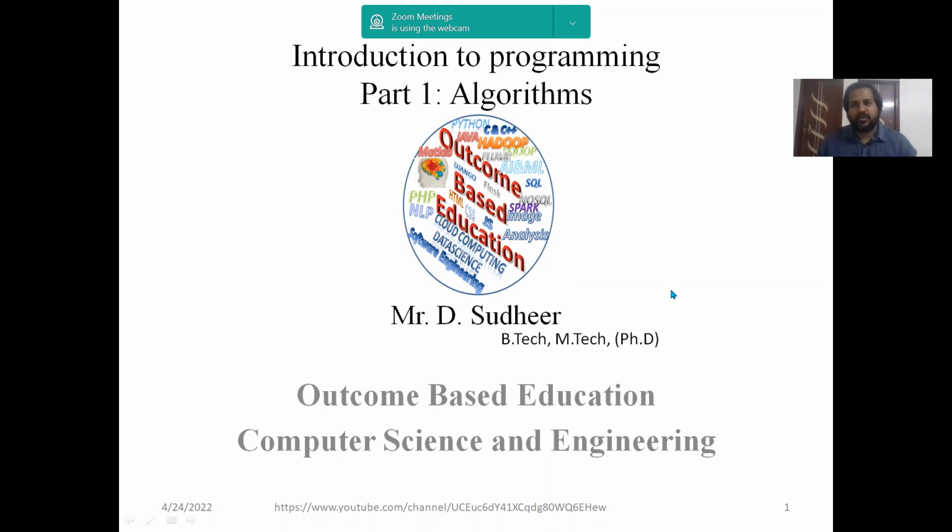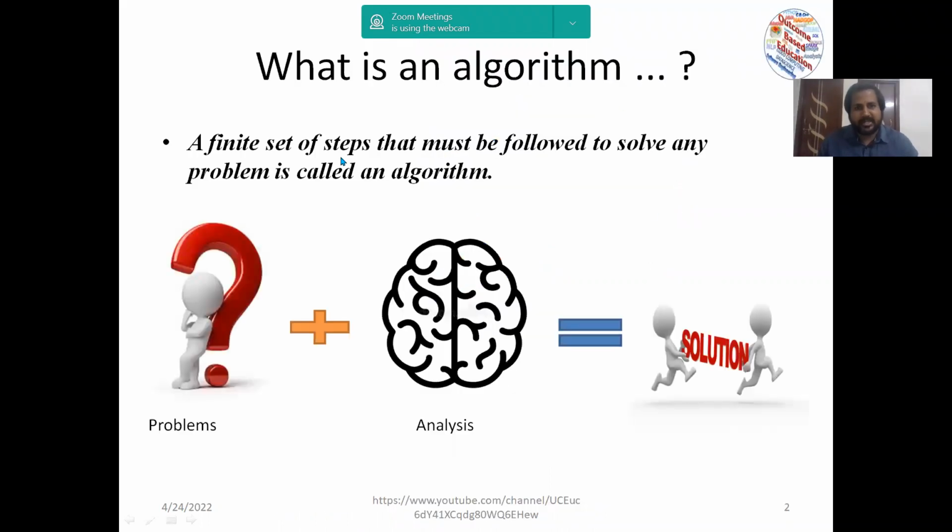Whenever you want to solve a problem by any program, you should use the concept of algorithms. So we will see what this algorithm is. An algorithm is a set of steps that must be followed to solve any problem. So an algorithm is what?